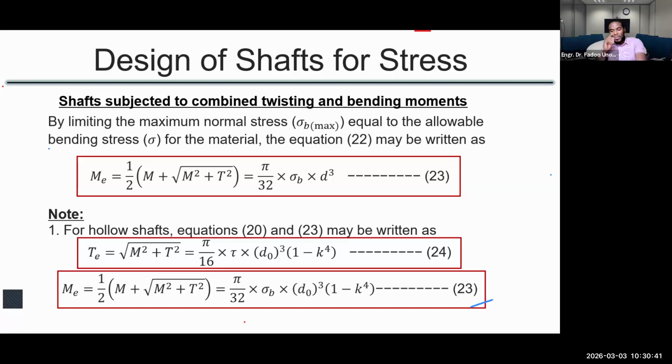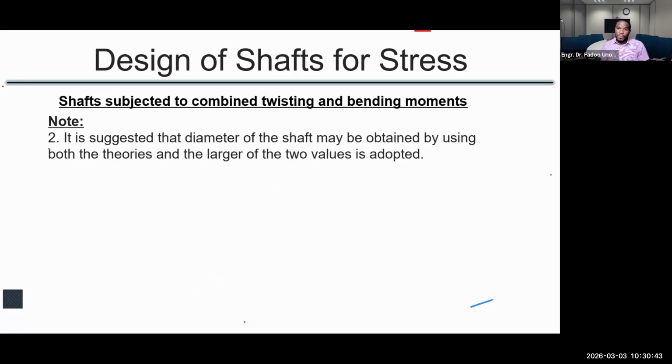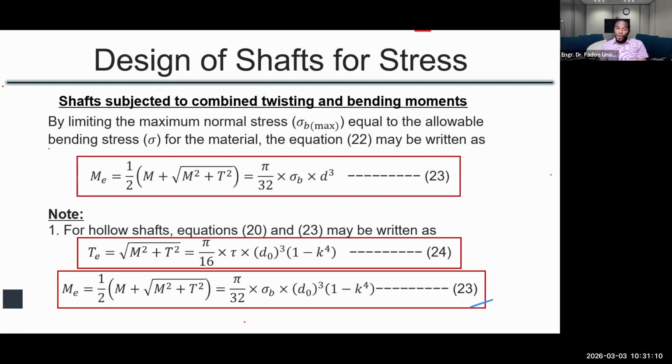Now note, we always suggest, if you are not sure which of these two theories applies, because you don't know whether the shaft is a ductile shaft or a brittle shaft, then you use both of these equations separately to calculate the value for the diameter.